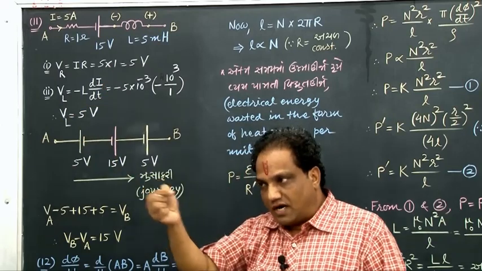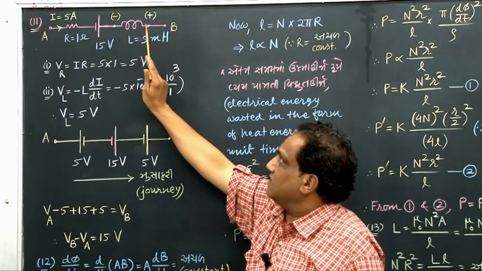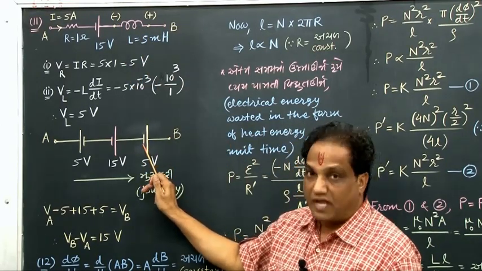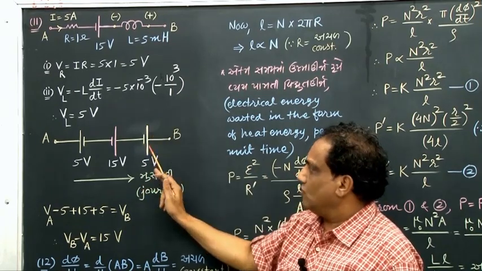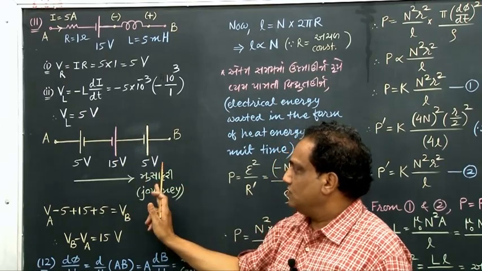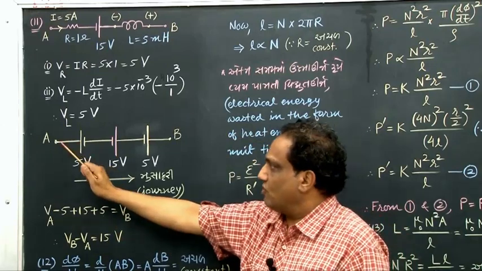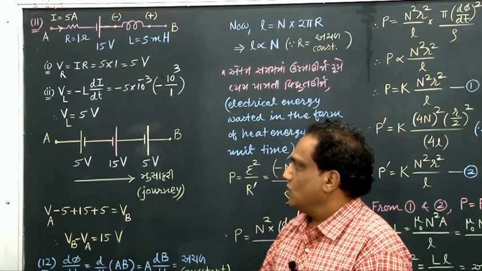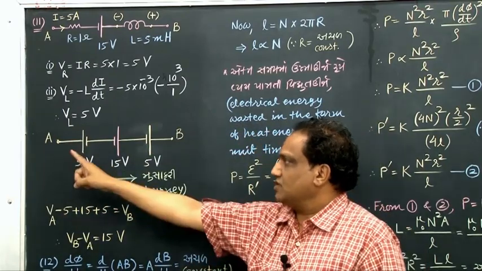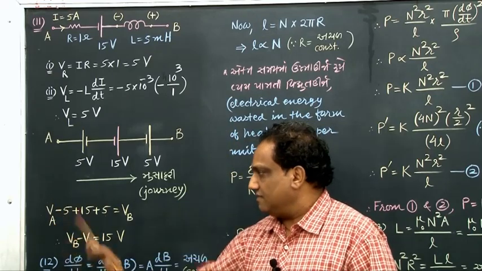Here also current is decreasing with time, so this end will become negative and this end will become positive. That's why I have shown the left terminal negative and the right terminal positive. And what is the potential difference? 5 volt. Now let us do one thing. Just move from A to B. Okay, go this way. Fine. Now tell me, when you start from point A, the potential at point A, let it be VA.